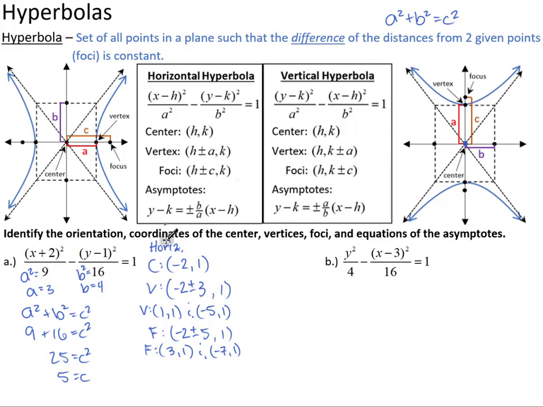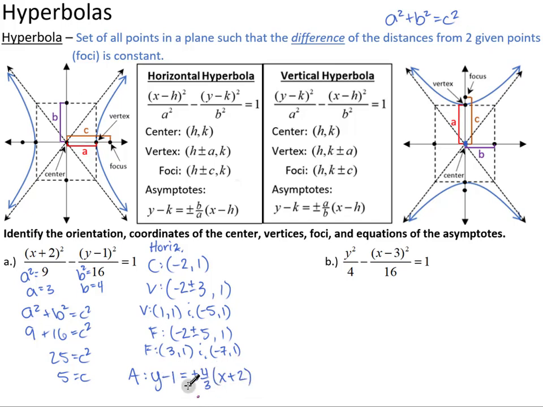Next, let's find the equation of our asymptotes. Okay, so it does y minus k, which by the way, it looks exactly like this, y minus 1, equals plus or minus, we'll just write them both together, b over a, 4 over 3, times x minus h, which is exactly what this looks like, x plus 2.